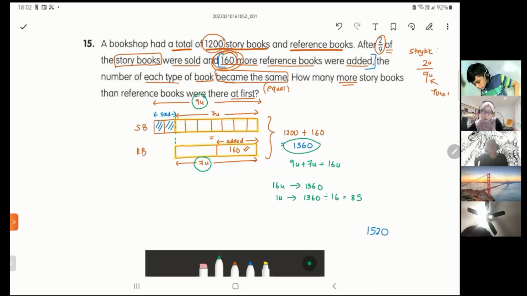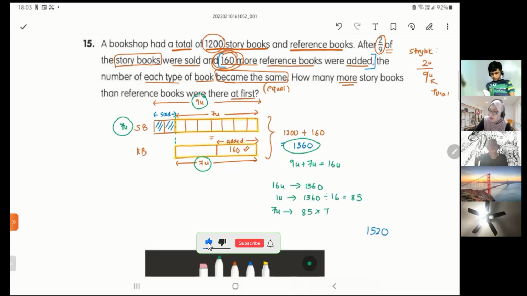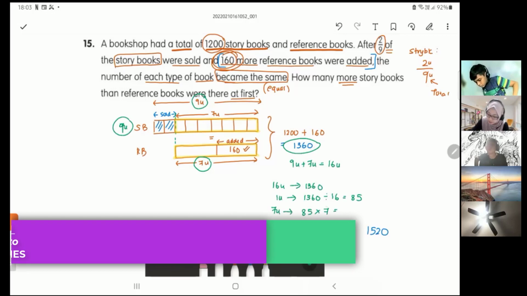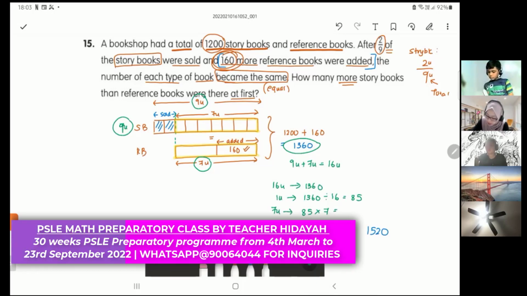Am I happy with this 1 unit? No. How many more storybooks than reference books were there at first? So at first, storybook, I know storybook has 9 units at first. We find that one first. 9 units is 85 times 9, which is 765.